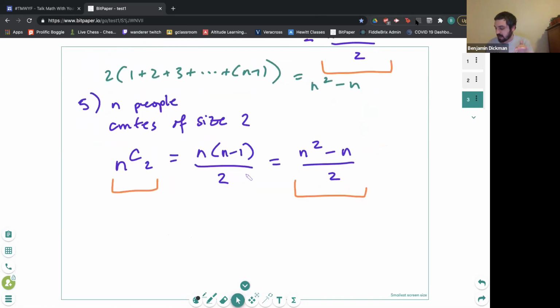Unless it causes any despair, let me just multiply both sides by 2, just for the sake of those who feel that particular motion. 2 times n choose 2 is n squared minus n. And so indeed, since this is an integer, we have n squared minus n being an integer as desired.